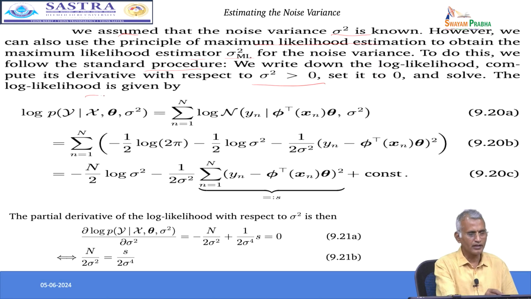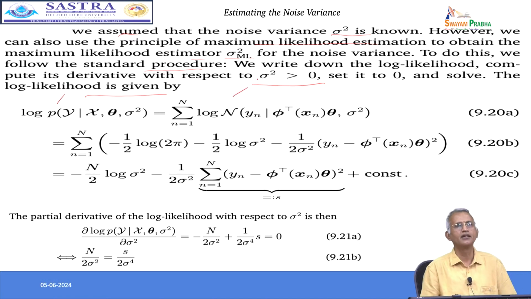So, the log likelihood is given by log of p of y given x, theta, sigma square, which is equal to summation n from 1 to N of log of N of yn given phi transpose of xn into theta, sigma square, which is equal to summation n equal to 1 to N of minus 1 by 2 into log of 2 pi minus 1 by 2 log sigma square minus 1 by 2 sigma square of yn minus phi transpose of xn into theta the whole square.